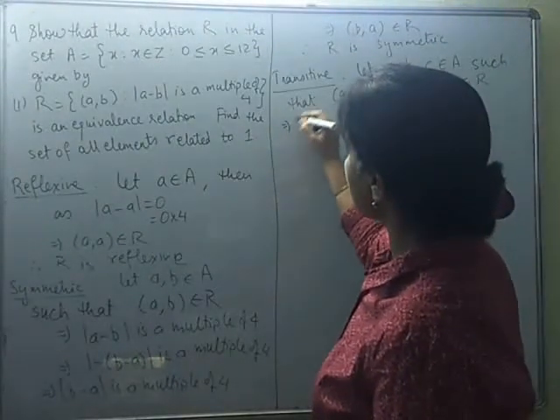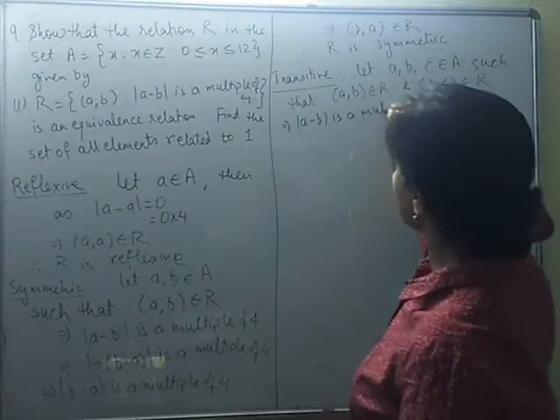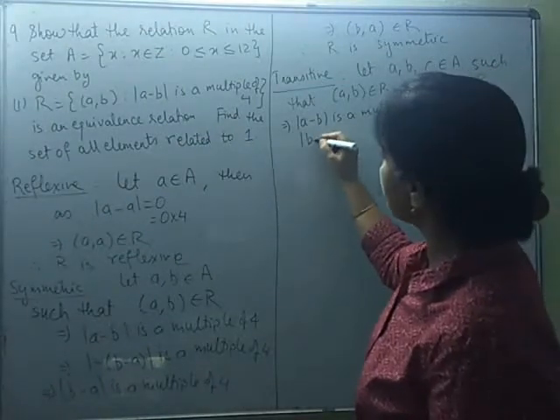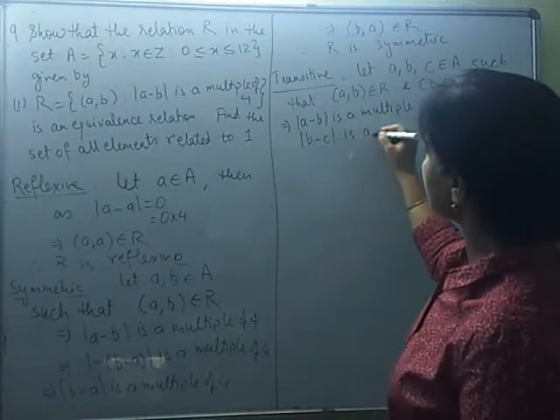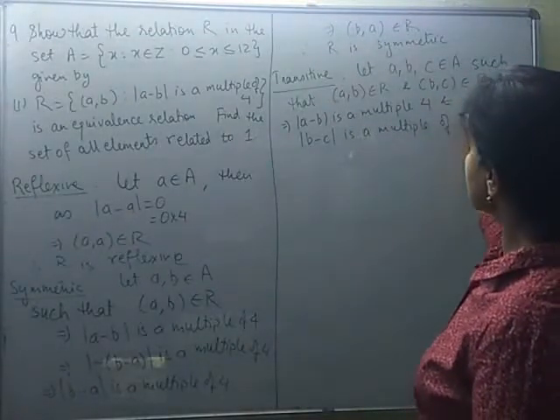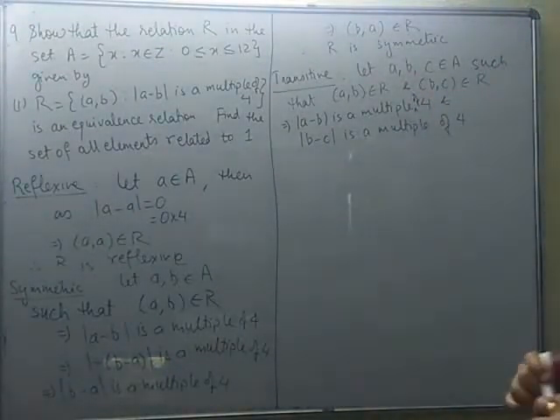So we can say that modulus of a minus b is a multiple of 4 and modulus of b minus c is a multiple of 4.